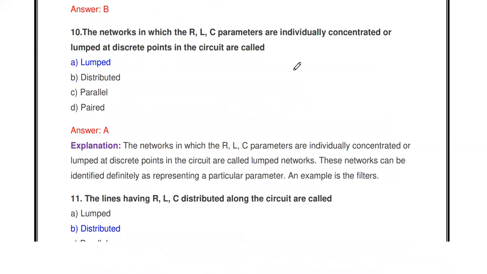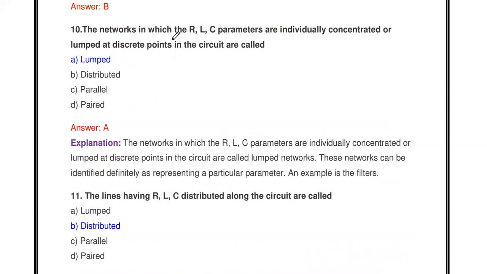Then similarly, the network in which RLC parameters are individually concentrated or lumped at a discrete point in the circuit is called dash. In a network, if the resistance, inductance and capacitance parameters can be separated, we call that network a lumped network.